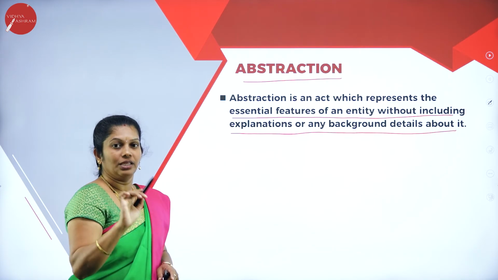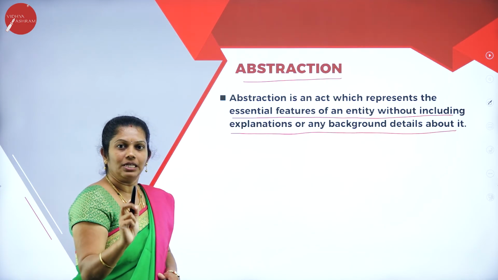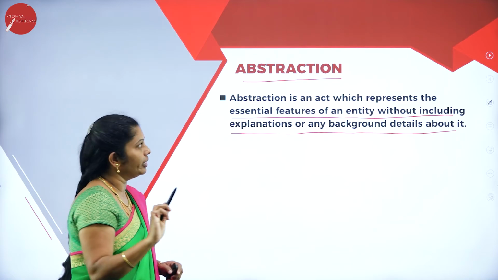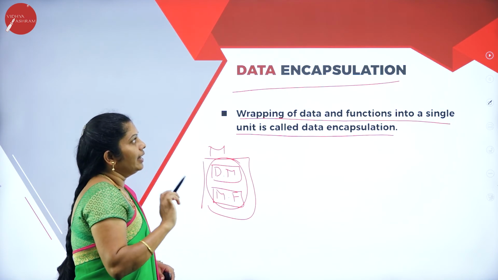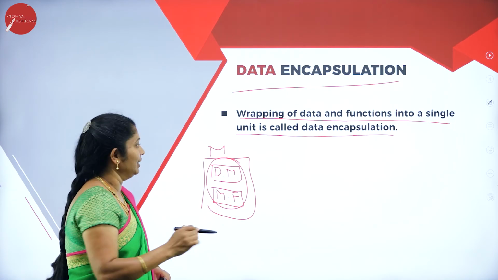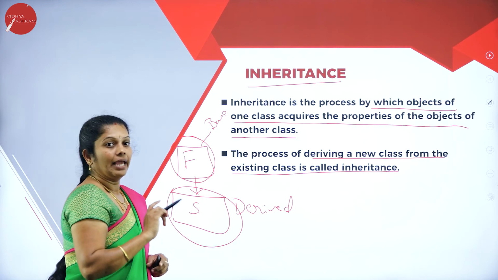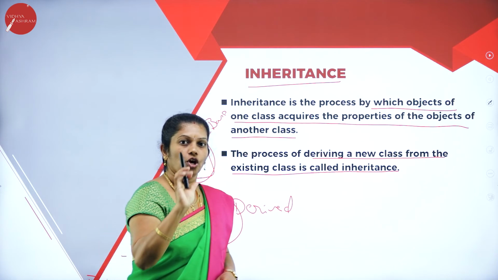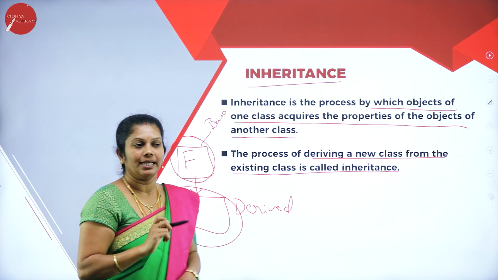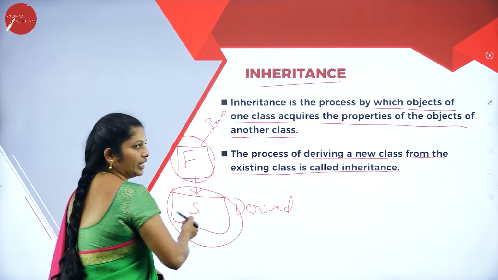Then abstraction, considering only the essential features without considering the background detail. Data encapsulation, combining data as well as function into a single unit. Inheritance, a process of acquiring the properties from the base class to the derived class.